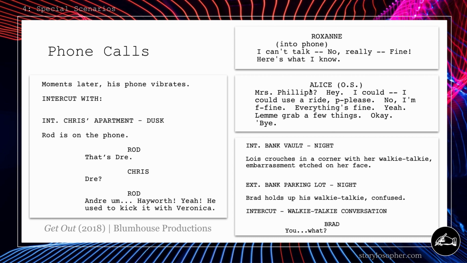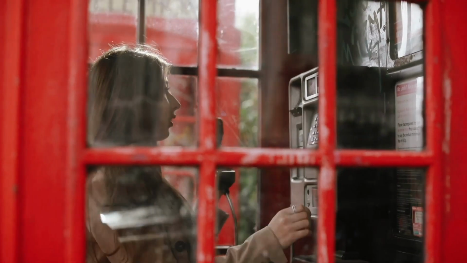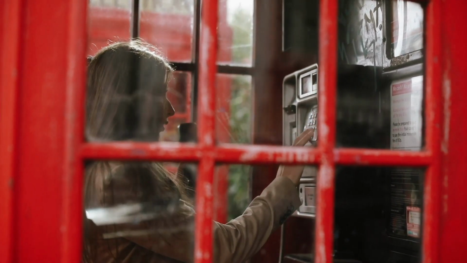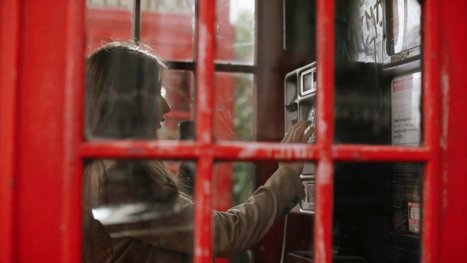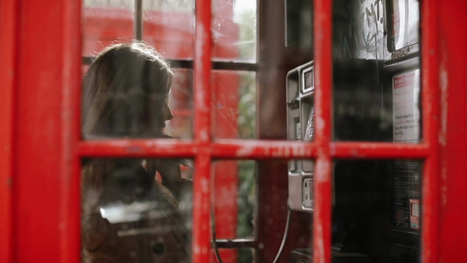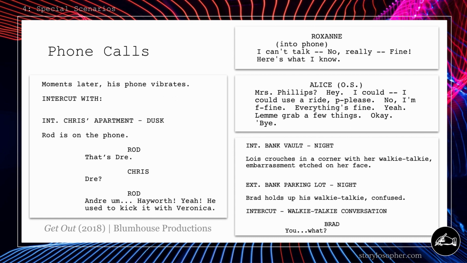But instead, in this scene from one of my scripts, Jackson is outside of the bedroom and Alice is inside the bedroom, so we're just watching Jackson while he's listening to Alice. Alice is talking on the phone. We already know that she's on the phone, but we're looking at Jackson while he's doing that. So Alice is technically off screen because she's in a different room. And this is an example where you can only hear one side of the conversation. We can't hear what Mrs. Phillips is saying. We only hear what Alice is saying.